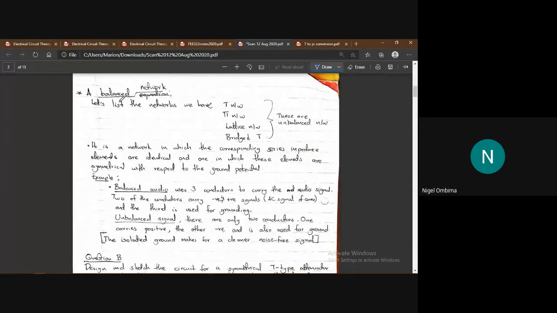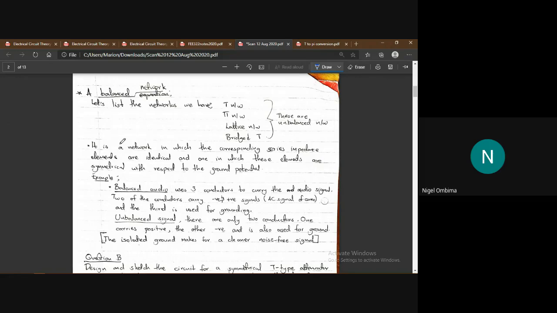Balanced network. I listed the networks that we have in topic 1, mostly T networks, pi network, lattice network, bridge network. These are unbalanced networks. So to balance them, let's go back to the definition.